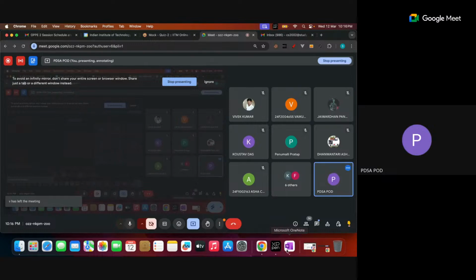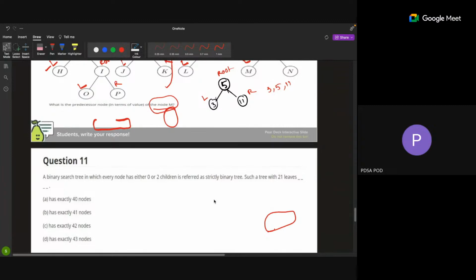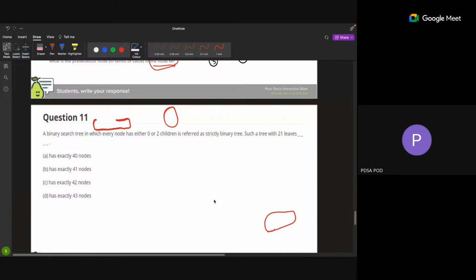So this is one interesting question. Still there is, hello, am I audible? Yes, sir. Good. So now again, the previous example like N0, N1, N2, still you are having similar kind of question. Remember, they clearly said it's a strictly binary tree.